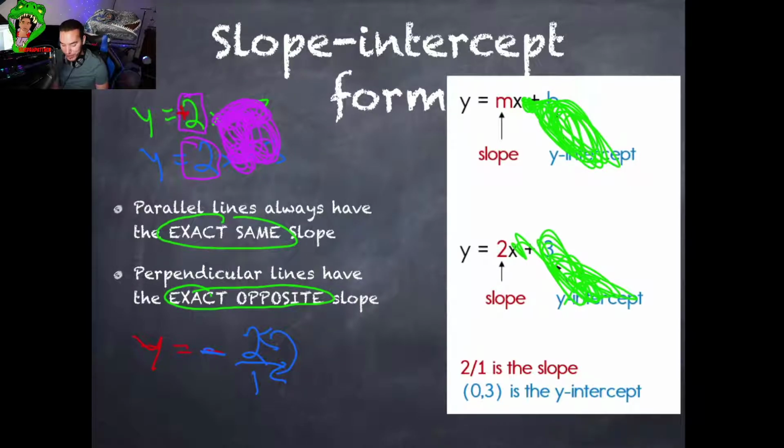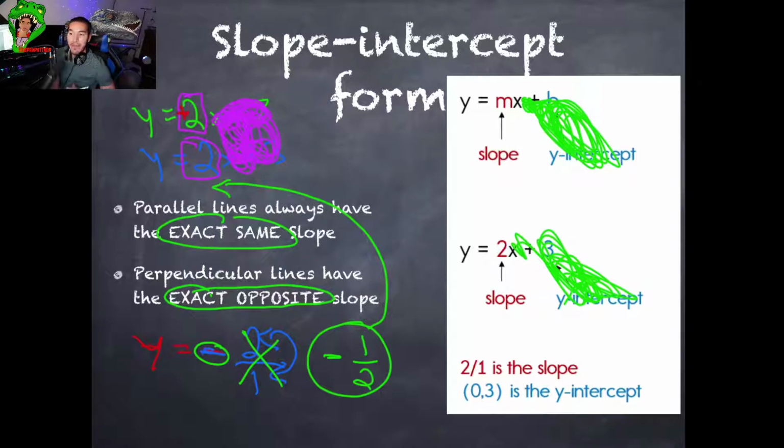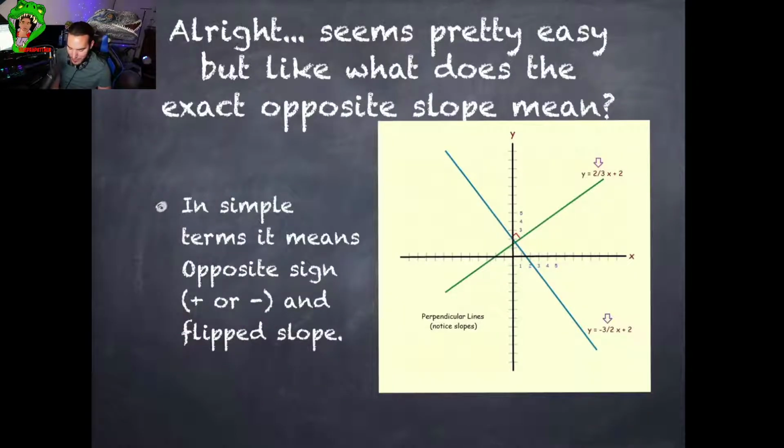So for perpendicular lines, I have the negative and I flip them: negative 1/2. That would be the equation of the perpendicular line. They make the perfect cross without having to graph it because I know the rule. It's just faster, and we're going to practice it. Let's take a look.